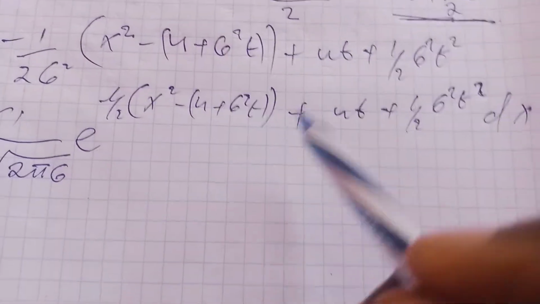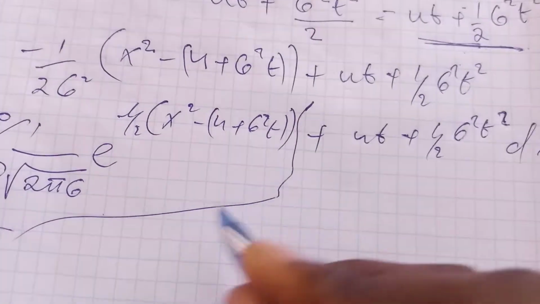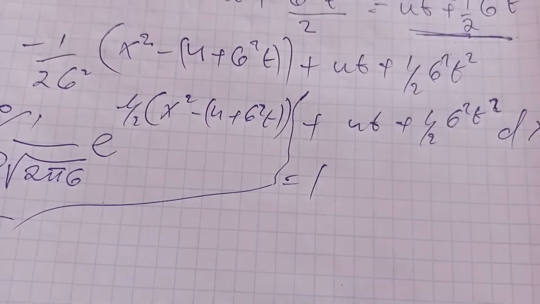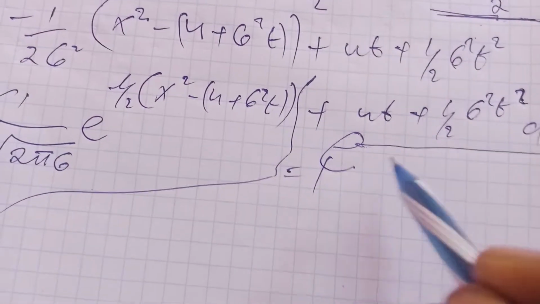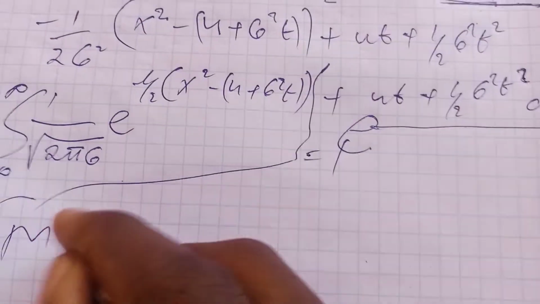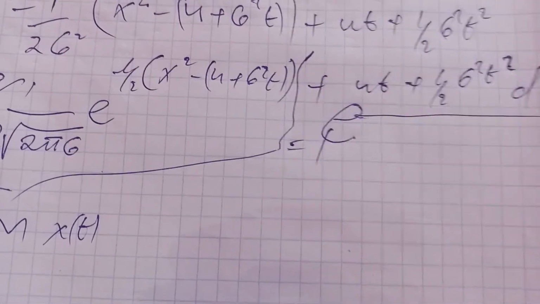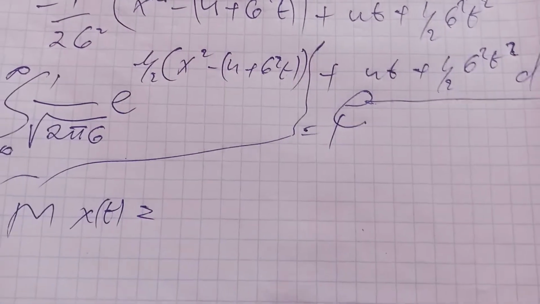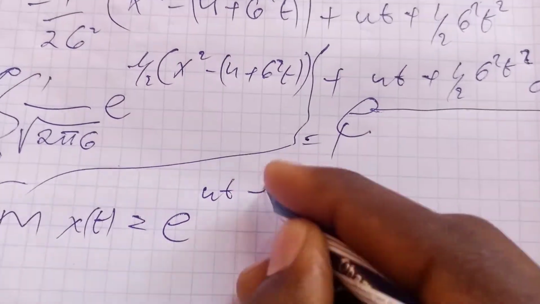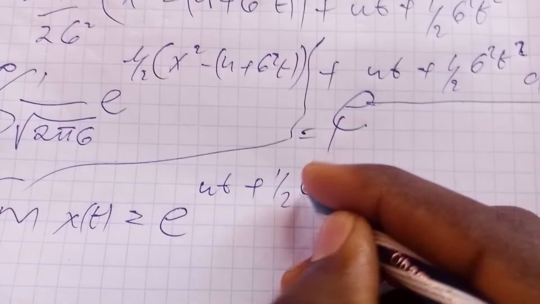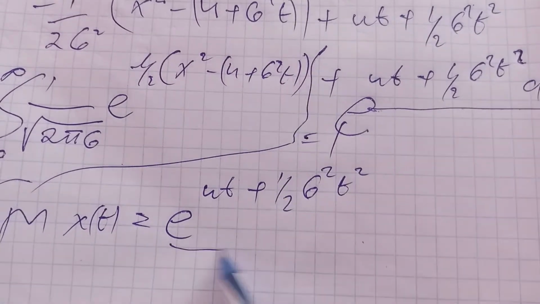Now we realize that the integral part will be equal to 1. Now we will be left with the exponential of this. So the MGF for the normal distribution will be the exponential of ut plus half sigma squared t squared. We'll be left with this.